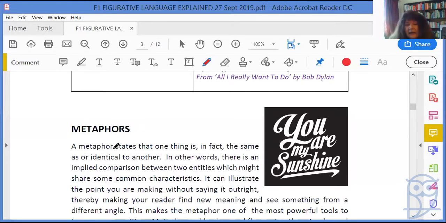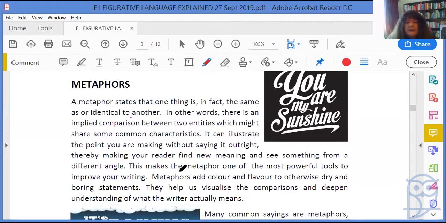As we said, a metaphor states that one thing is in fact the same as or identical to another thing. In other words, there's an implied comparison between 2 entities which might share some common characteristics.